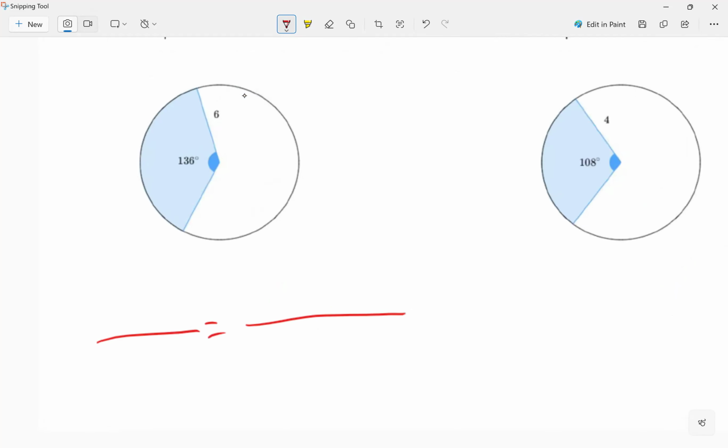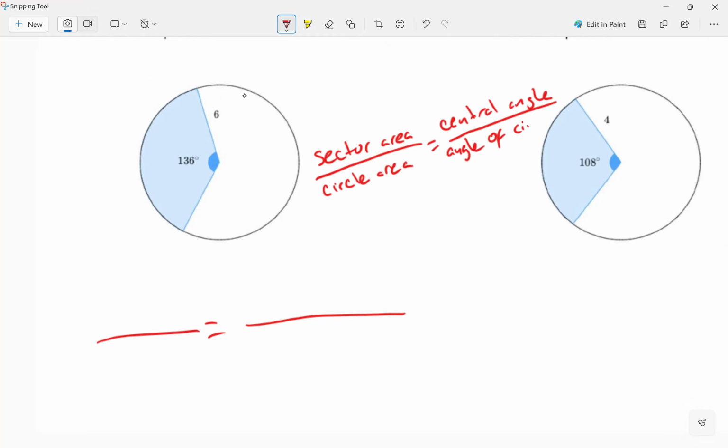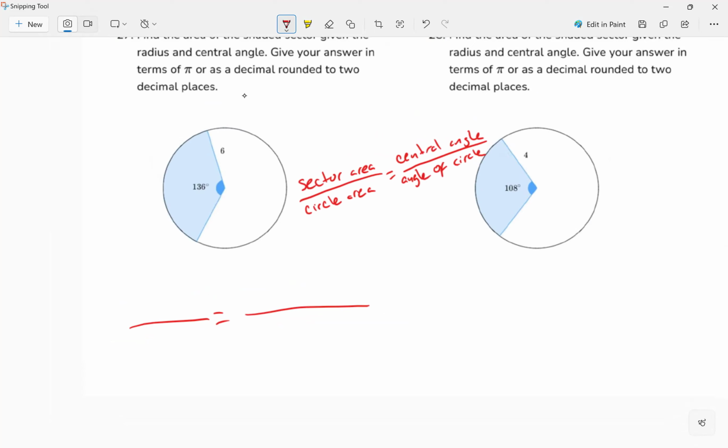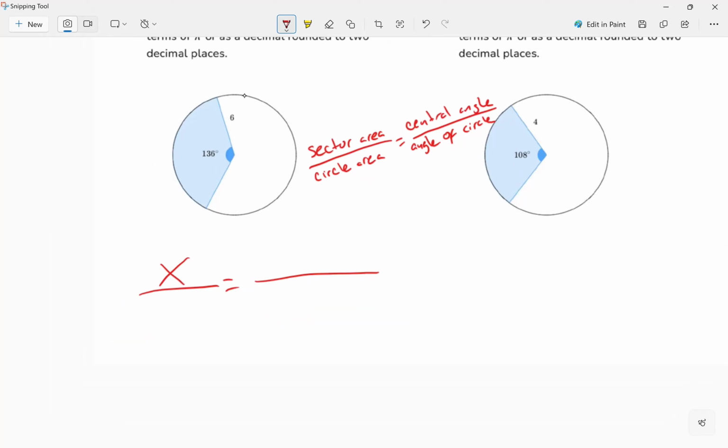Sector area divided by the circle area is equal to central angle divided by angle of circle. Do we know the sector area? No, because that's what we're solving for. It says find the area of the shaded sector, so I'm going to call that x.